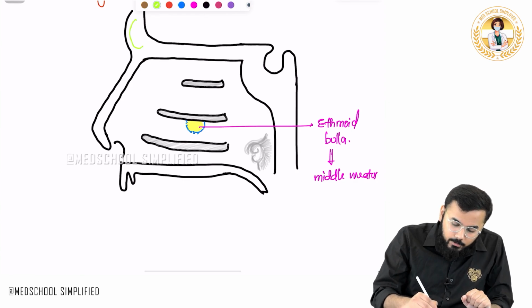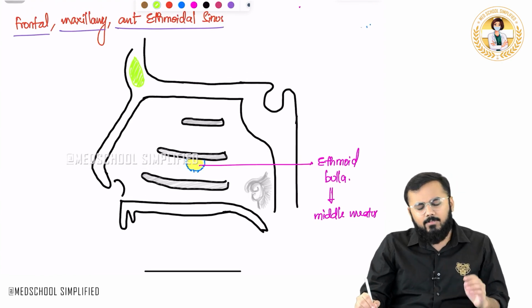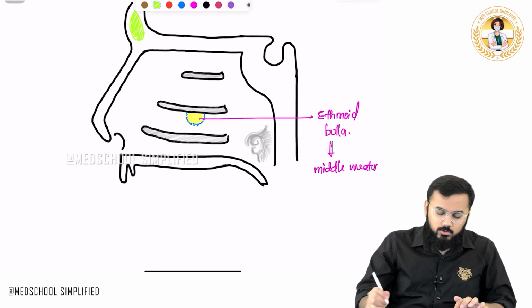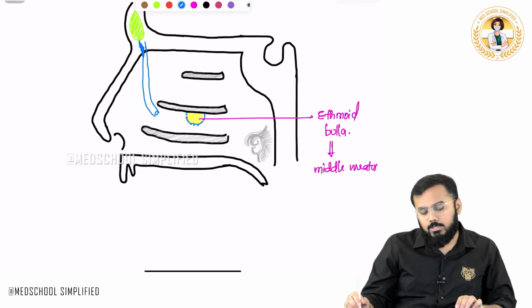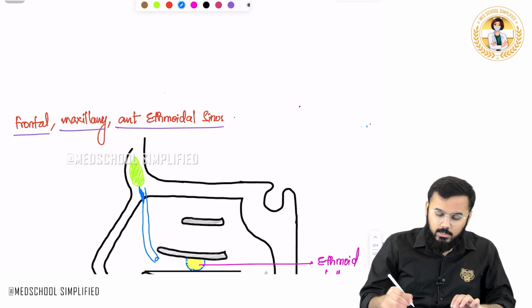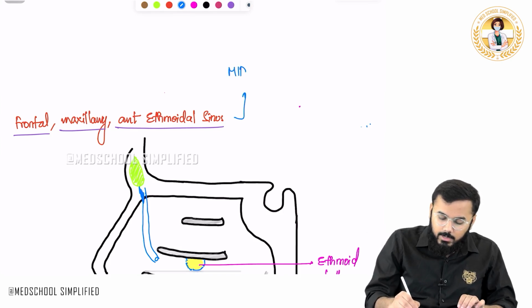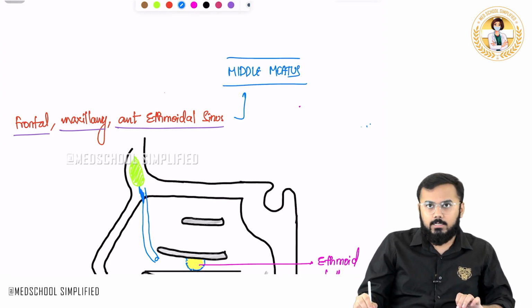Let us say that this particular sinus over here is your frontal sinus, and in the same way maxillary and anterior ethmoid sinus also. These sinuses, which meatus do they directly drain into? Look at the picture, they are directly draining into the middle meatus. This thing we have already discussed.